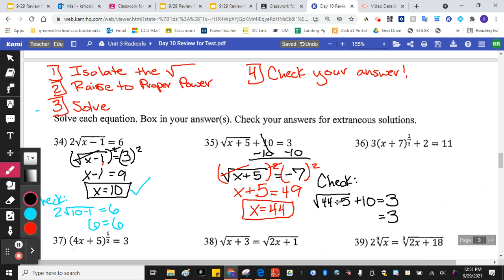Square root of 49 is 7. 7 plus 10 is 17. 17 equals 3. False. So 44 does not work in your equation, which is why you have to check your answer. So your answer is no solution.